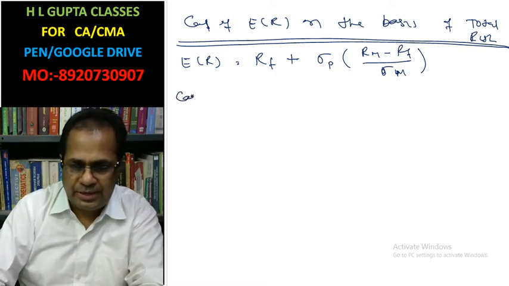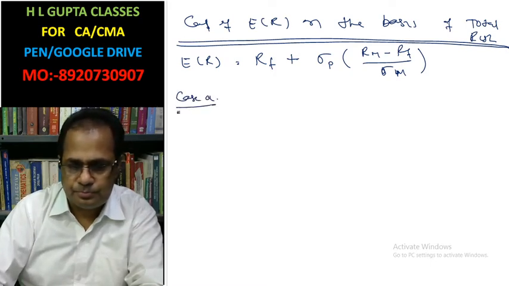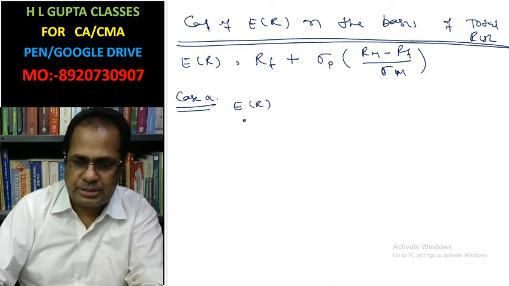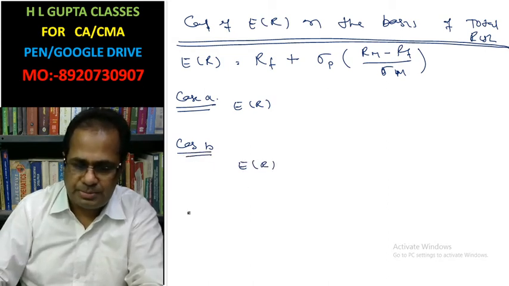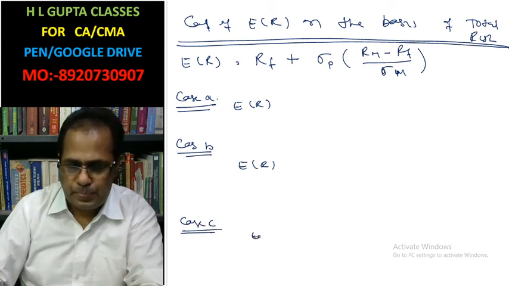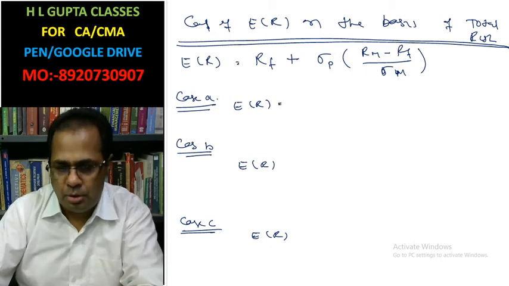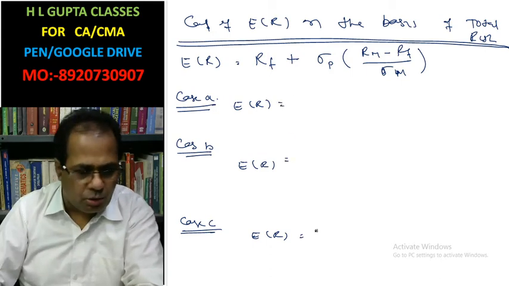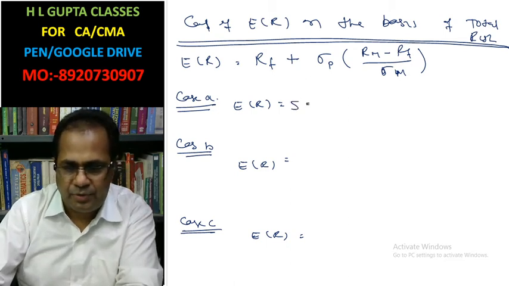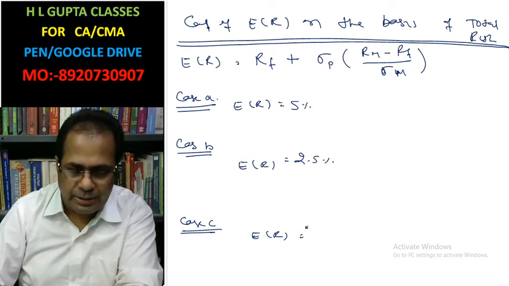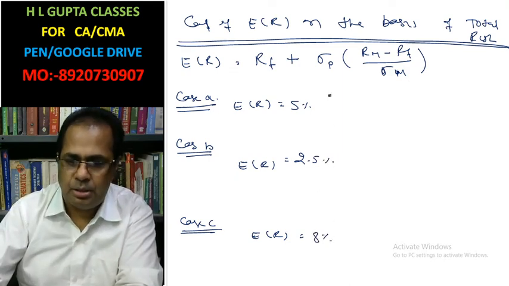Case A expected return, case B expected return, case C expected return. What is the risk-free rate in all three cases? In the first case, risk-free is 5%. In the second case, it is 2.5. In the third case, it is 8%.